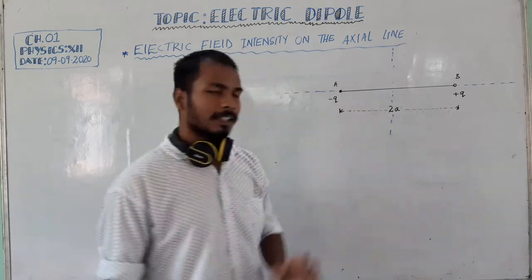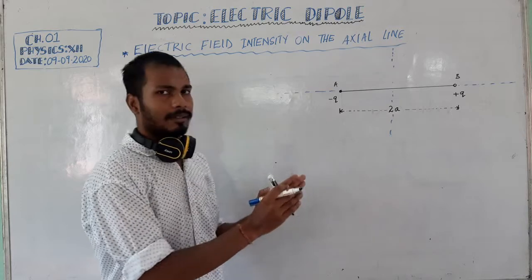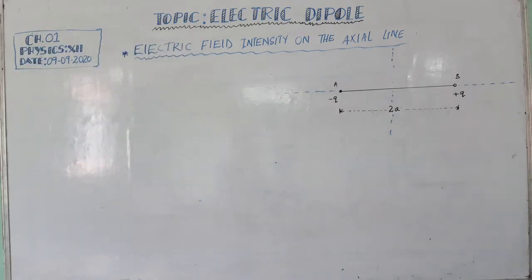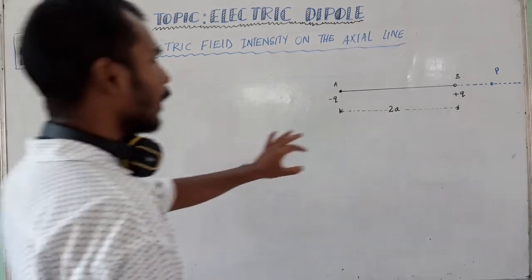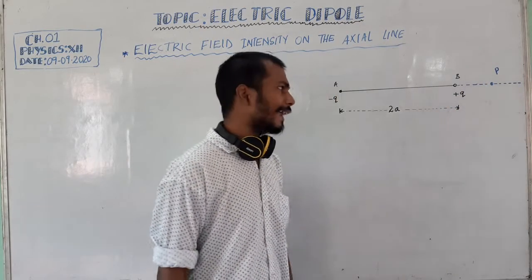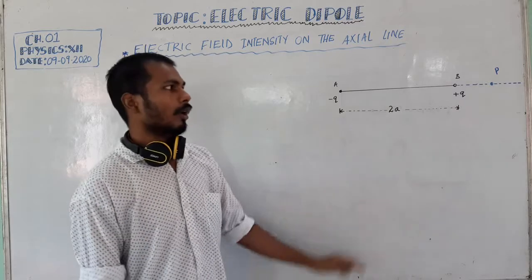So now, let us consider a point on the axial line. Now see the diagram. We have considered a point P on the axial line of this dipole.